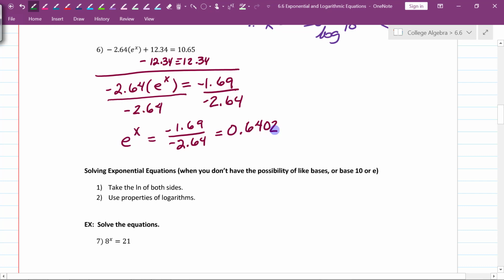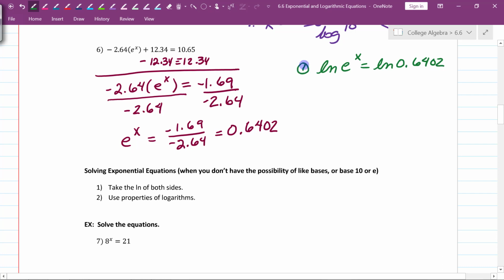Now I'm going to take the log of both sides because I have an exponential here and a number here. Because I have e to the x, I'm going to take the natural log of both sides. One of the things you want to key in on is when you're dealing with the exponential, the letter or number e, you want to go ahead and use the natural log. So we're going to take the natural log of e to the x, and that is equal to the natural log of 0.6402.